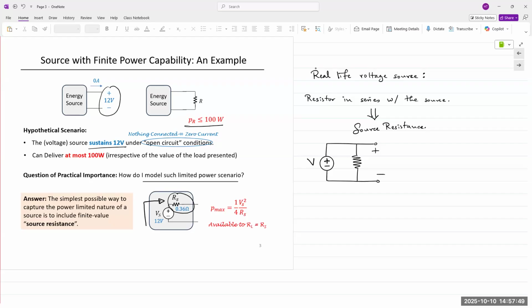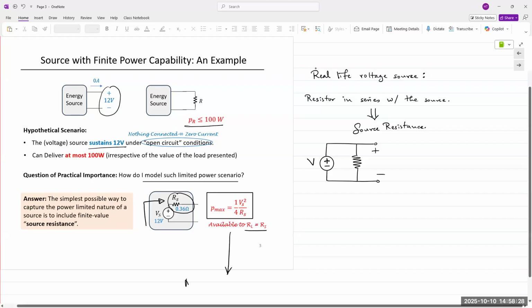So you have a resistor in series with a voltage source. And then one last thing is that in order for maximum power to be transferred from the source to your load, the load resistor must match that source resistance. So maximum power is transferred only when the load resistance RL is equal to RS.